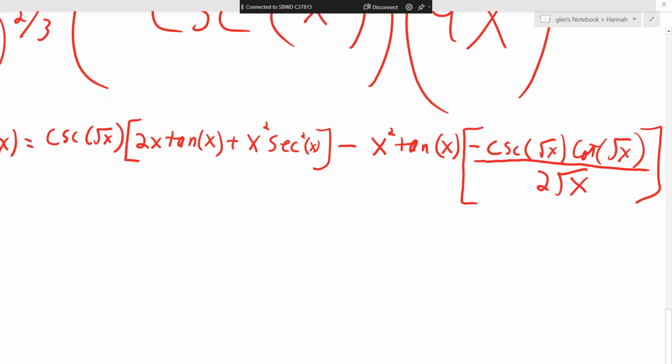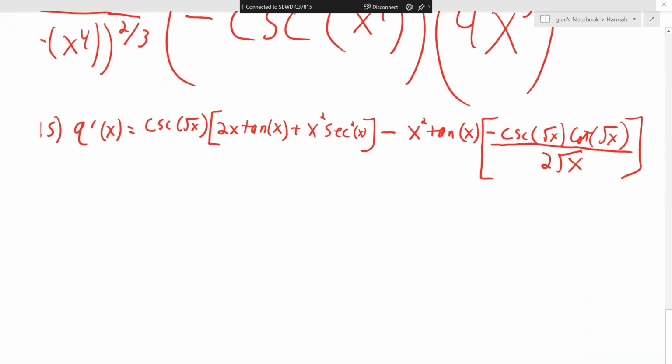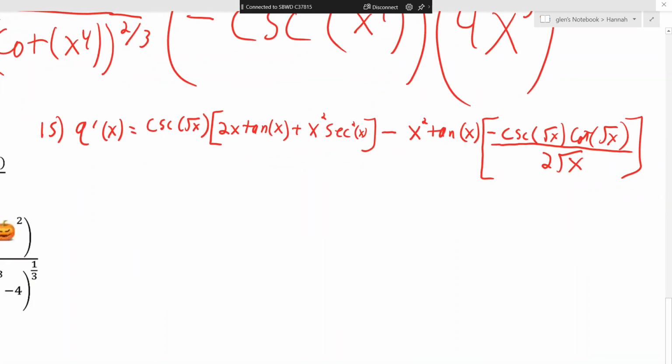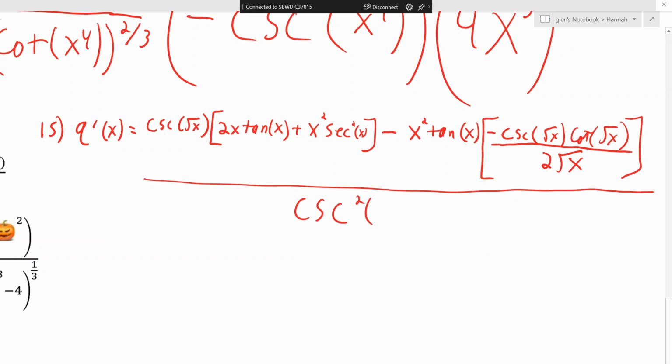Okay, and to be fair, this is much more complicated than anything you'll see on the AP test. This is just me giving you a bunch of weird stuff to make sure you see how the rules play together. We're not done yet, right? This has to all be over, and I know it's ugly, but it doesn't matter. We're just going to write it out. Cosecant squared of root x.